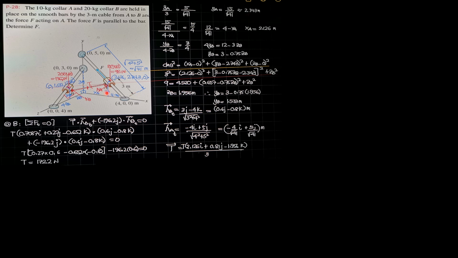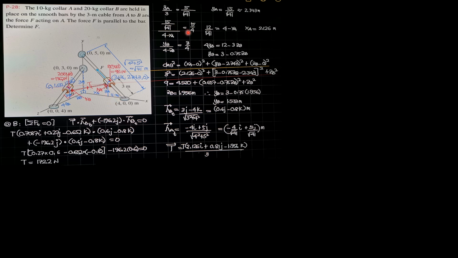So having found YA, we can now compute XA by similar triangles again. So by similar triangles, opposite 5 meters as to adjacent 4 meters equals opposite as to horizontal: 5 over 4 equals YA, which is 5 over square root of 41, as to 4 minus XA.